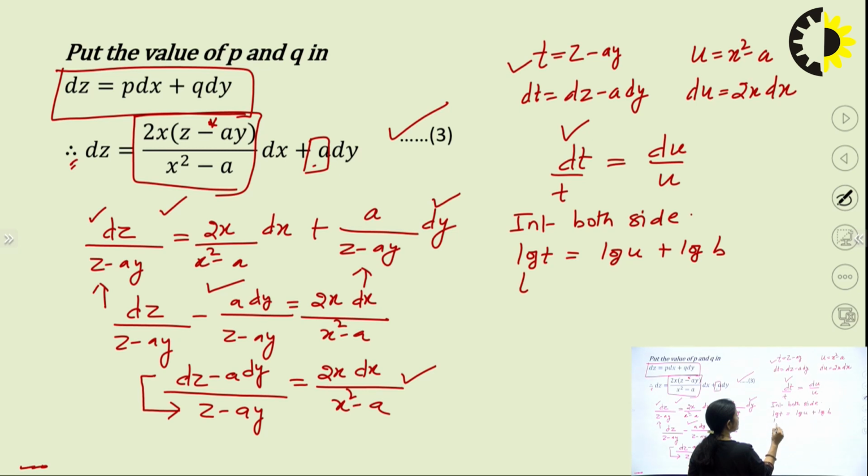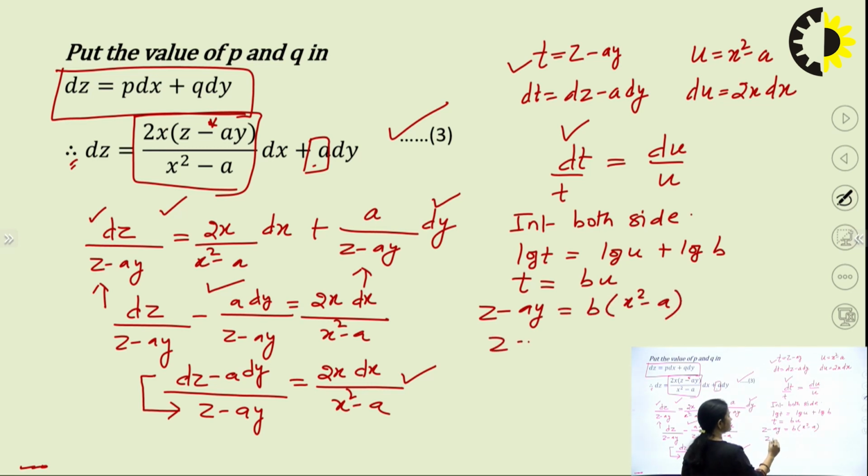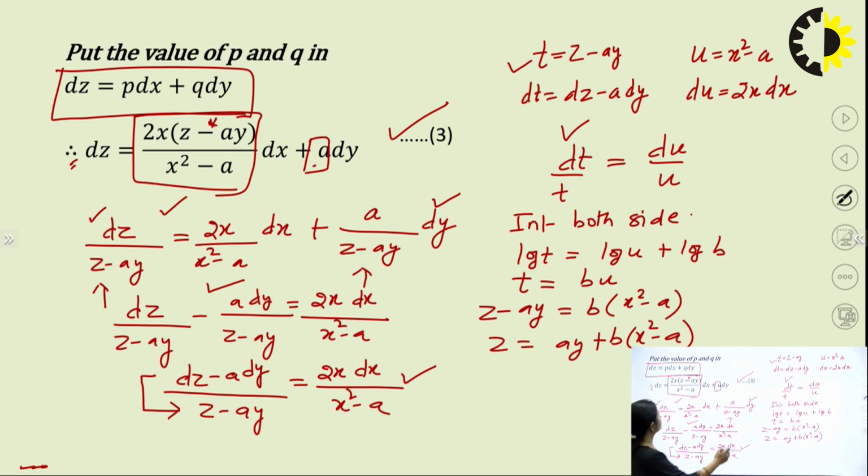By the property of log, we have t equal to bu. Just put the values of t and u. We have z minus ay equal to b times x square minus a, and z is equal to ay plus b times x square minus a. This is the solution of equation 3, and also this is a complete solution of the given partial differential equation.